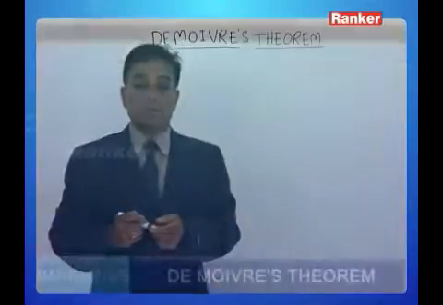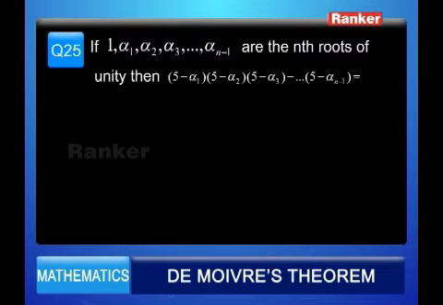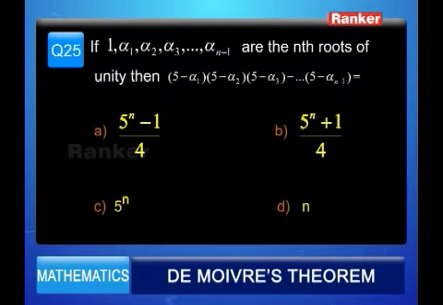Question number 25. If 1, alpha 1, alpha 2, so on up to alpha n minus 1 are the nth roots of unity. One real root is there, that is one, and the remaining are imaginary or complex roots. Now, what is the value of 5 minus alpha 1, first bracket, into 5 minus alpha 2, second bracket, into third bracket 5 minus alpha 3, so on up to the nth root, that is 5 minus alpha n minus 1, is equal to what?